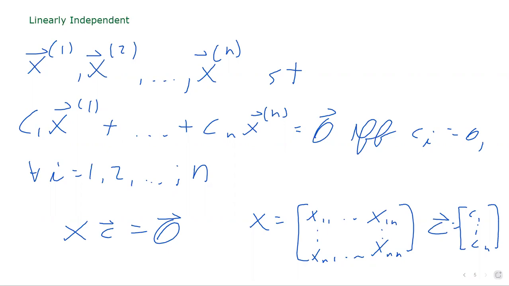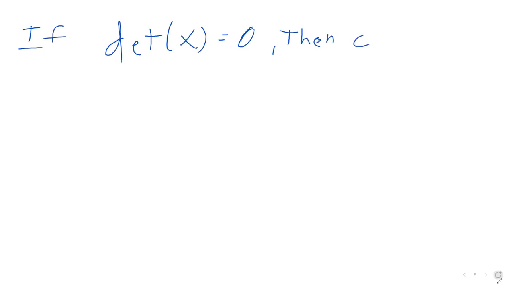So with this, if our determinant of x is equal to 0, then c is not equal to 0, which means that we have linear dependence.